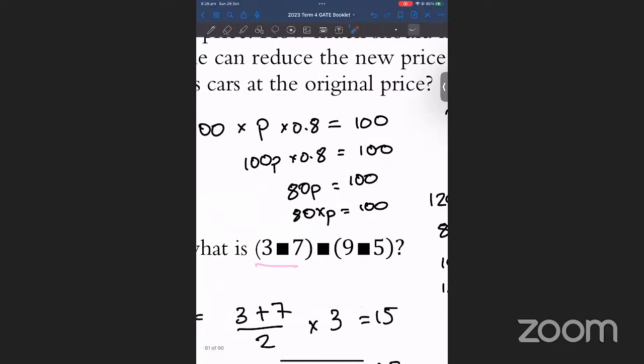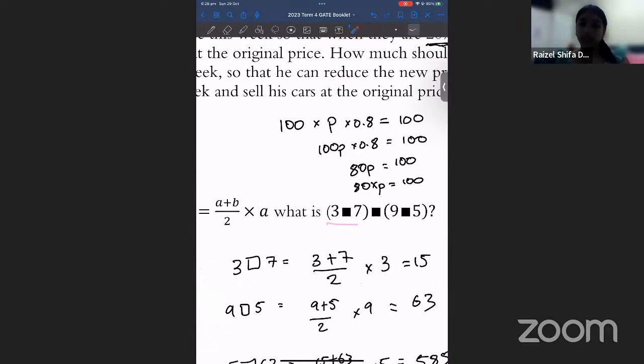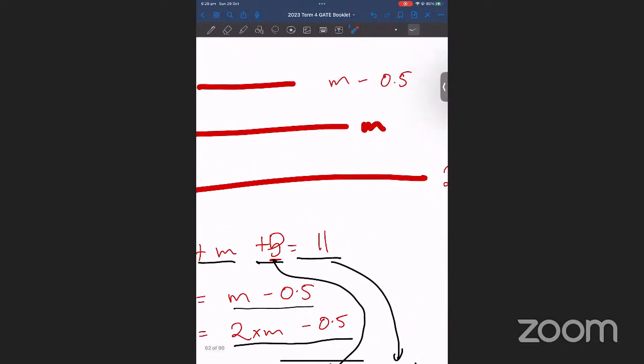So what that means is that this guy started off with 100, he increased it by 25%. So when you increase it by 125%, it's 1.25. And he decreased it by 20%, so 0.8. And you get to 100. Do you guys understand? Yeah. Awesome.